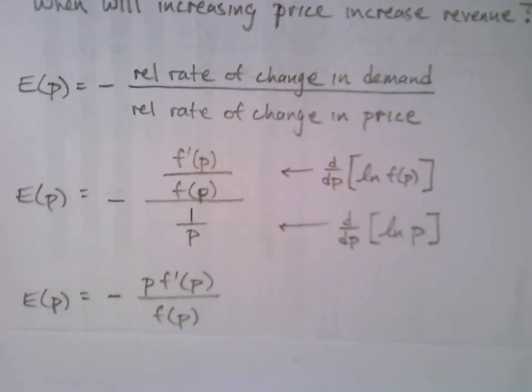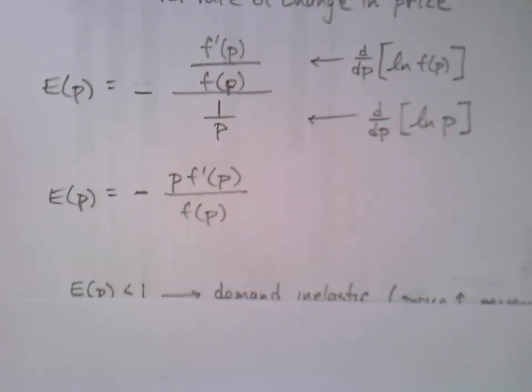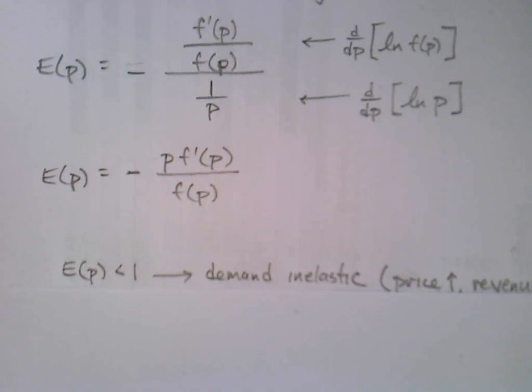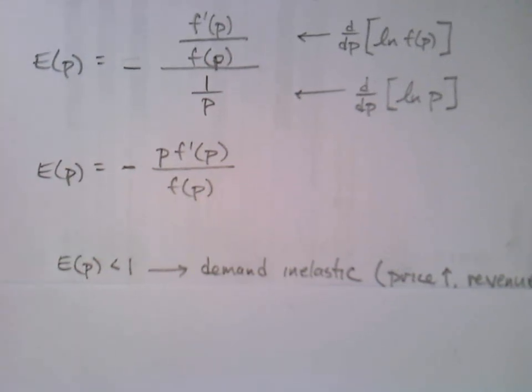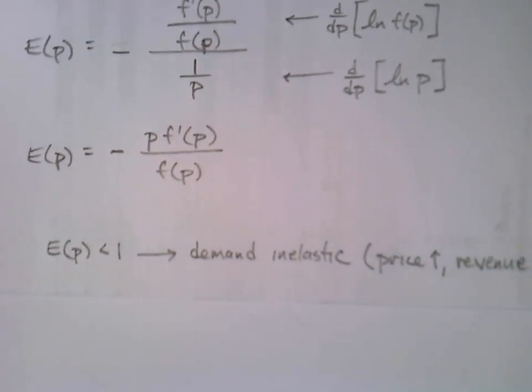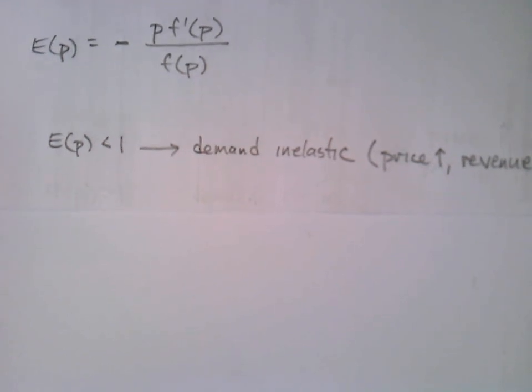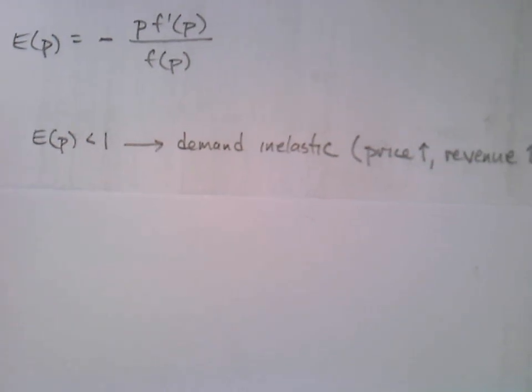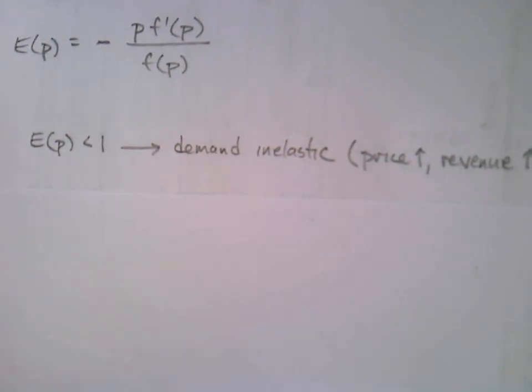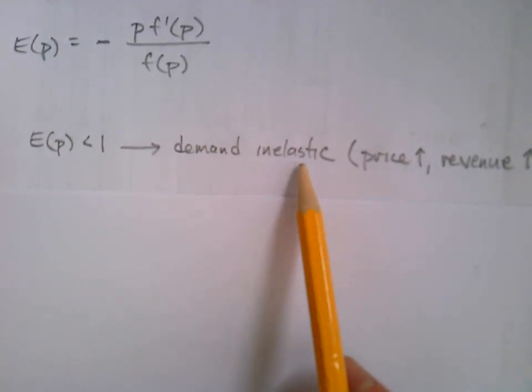Okay. So let's get into our first example here. We're going to define what it means for different values of elasticity. So when we're done, we realize that our elasticity at price P is less than 1, we're going to call demand inelastic.